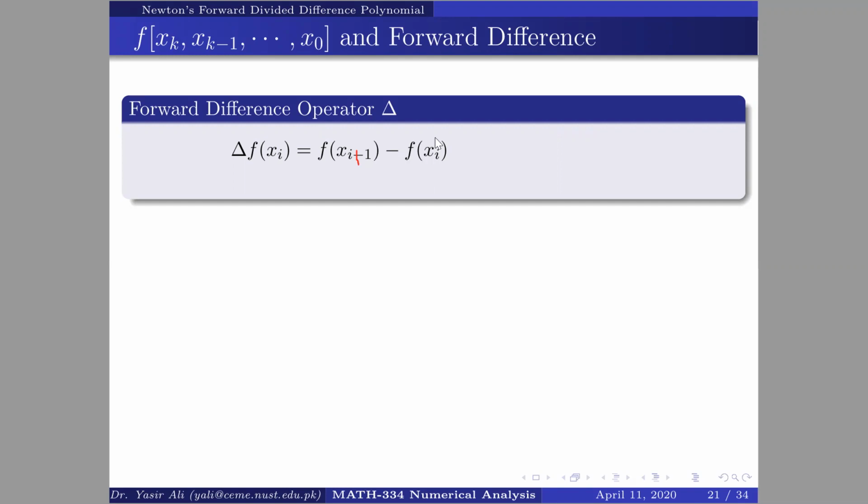In simplified form, ignoring x, we can just write i with it, and you can see that it is f i plus 1 minus f i.